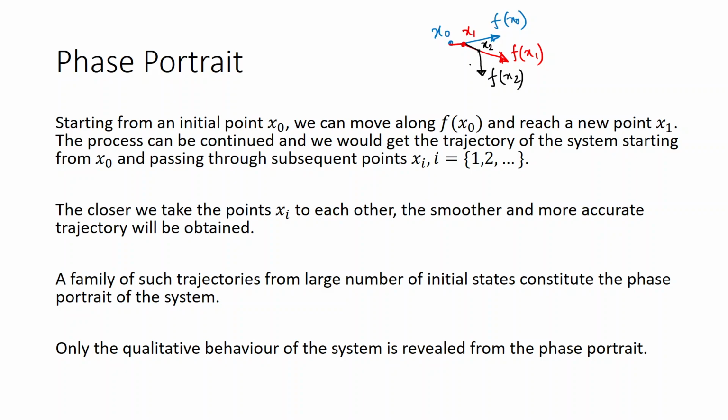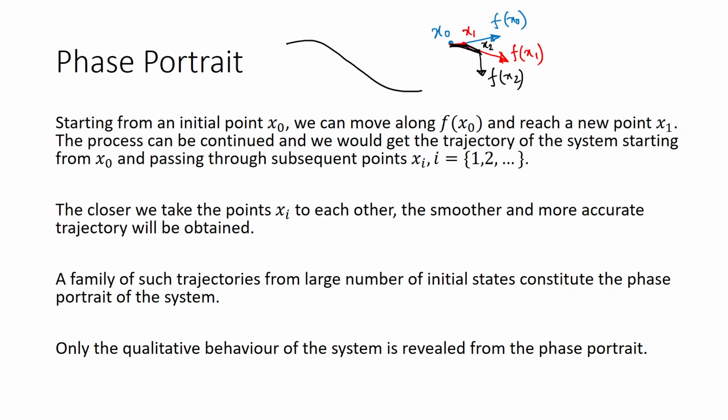In this way you keep on moving and keep on following the velocity vector. Then you can join all these points x0, x1, x2 and other points x3, x4, and you will get a trajectory of the system in the state space. So starting from x0 you will get a trajectory.